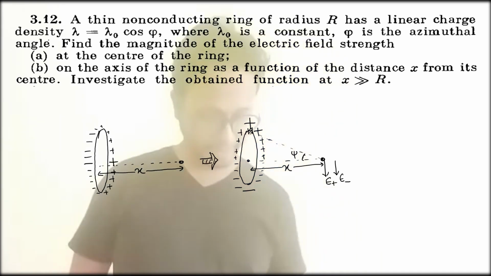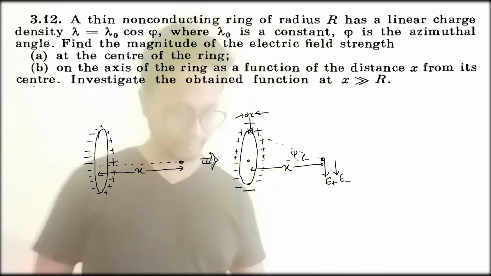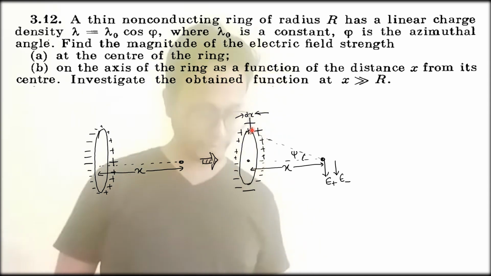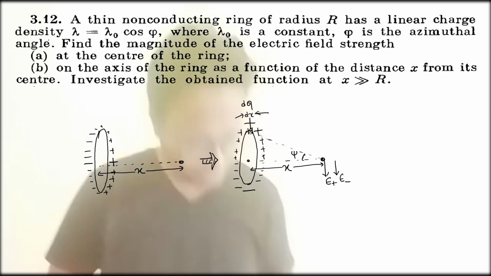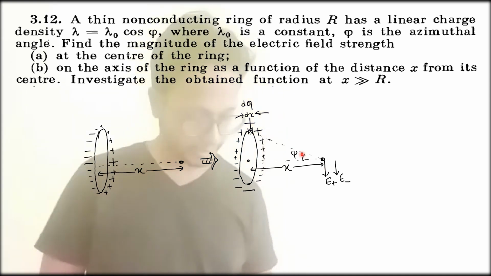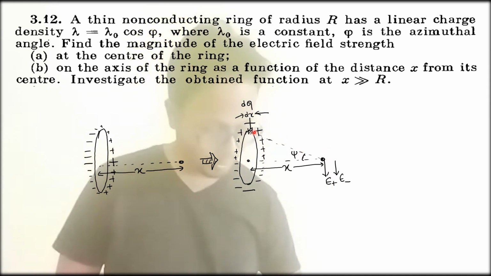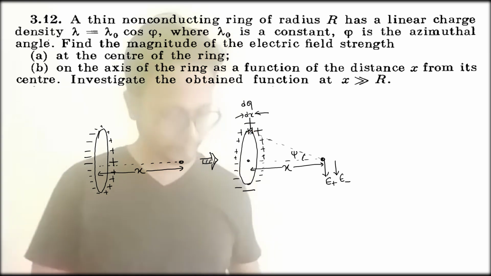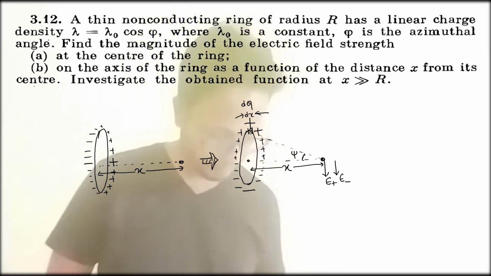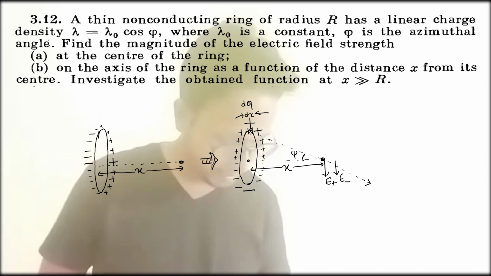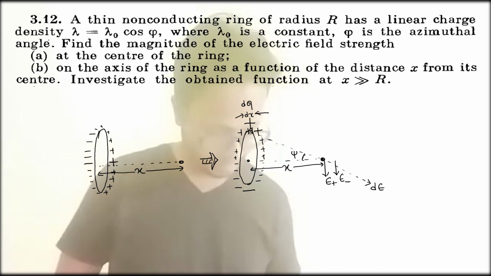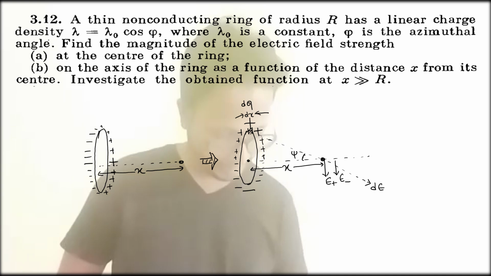So let me take dx length out here, the length of this elemental strip. So this elemental strip has charge dq, isn't it? And what is the vertical component of electric field due to this dq? Due to this elemental charge, the electric field would be in this direction, and this angle would also be sigma.